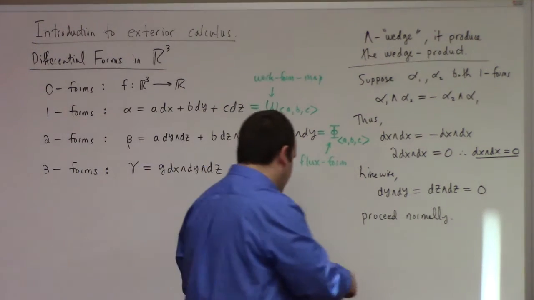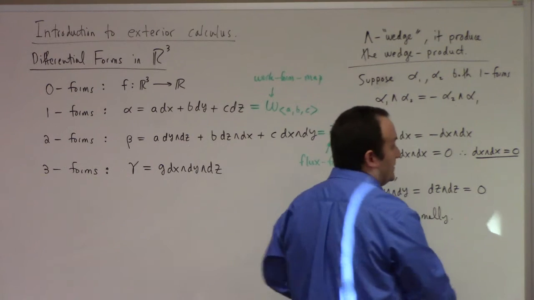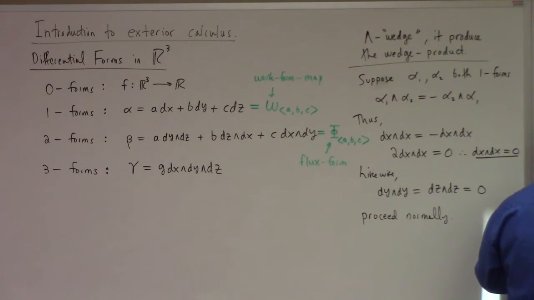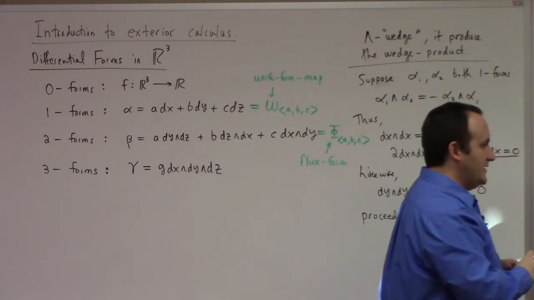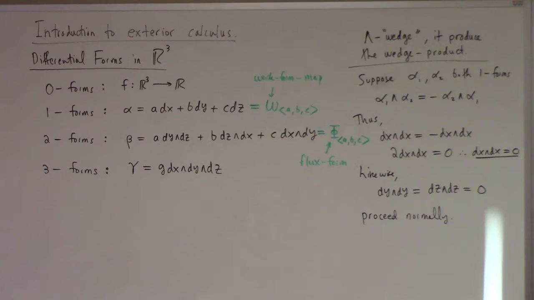What am I looking at here? This example, what this shows is the work form corresponding to the constant vector field 1, 2, 3, wedge product with the work form corresponding to the constant vector field 4, 5, 6, is equal to the flux form corresponding to the vector field -3, 6, and -3.